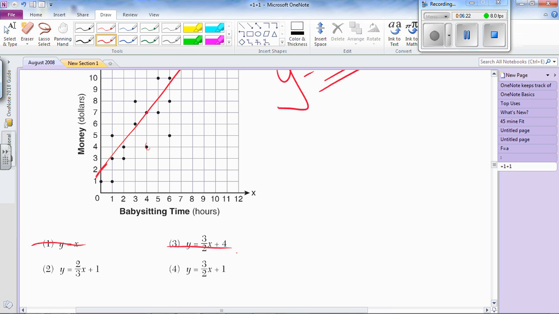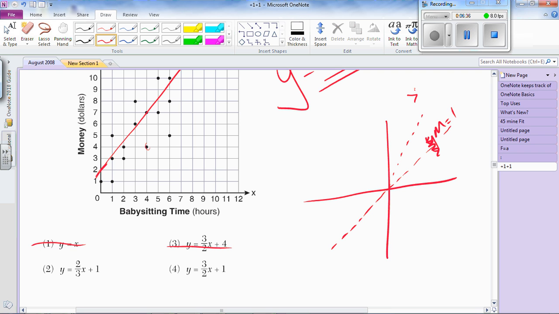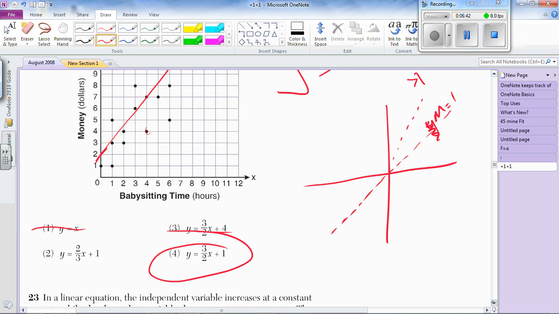Now here's the other thing: remember when I told you the line y equals x has a slope of 1, m equals 1. Anything steeper is bigger than 1. Well, this is definitely steeper, so it would have to be choice 4. Tough question. Should have been easy, but it's tough.